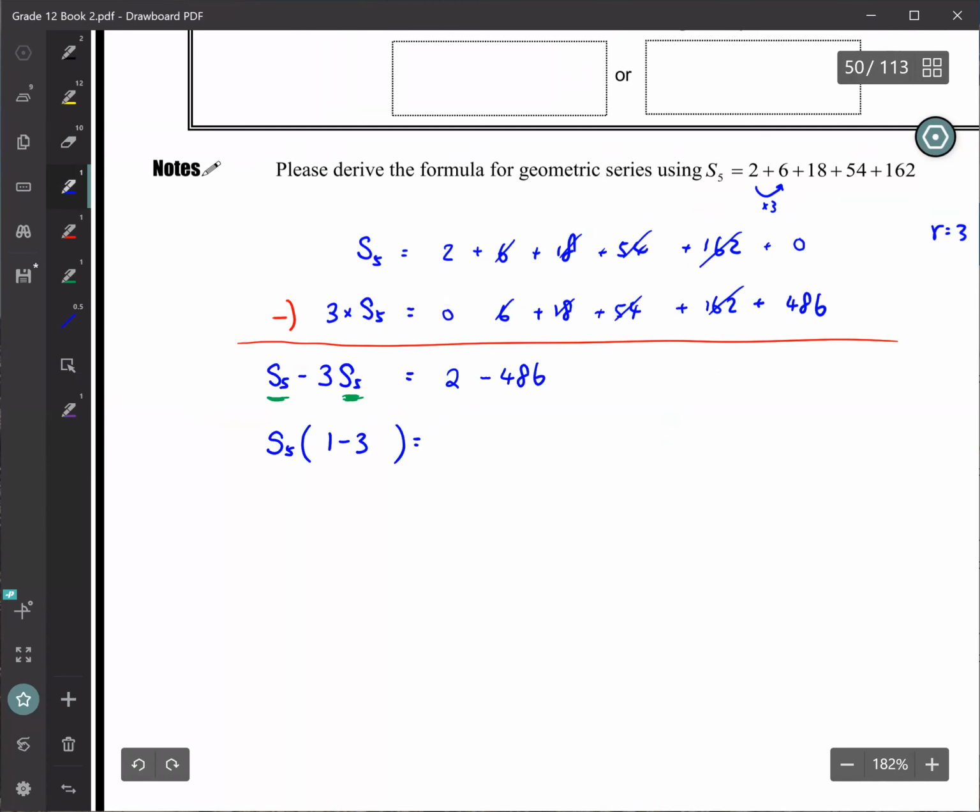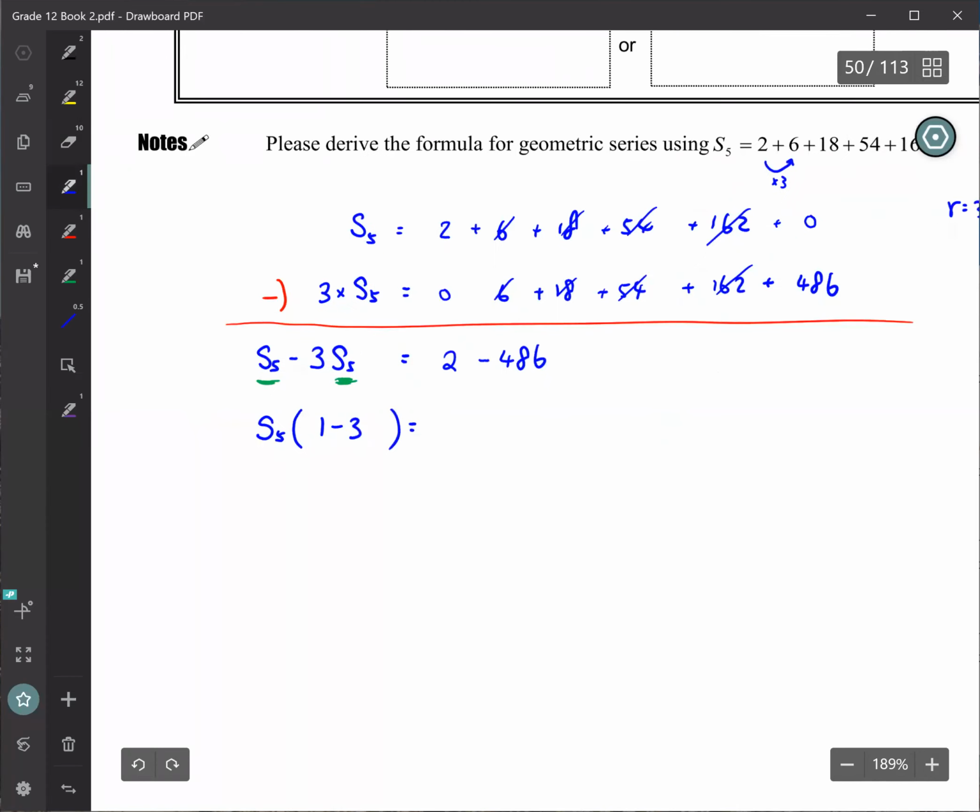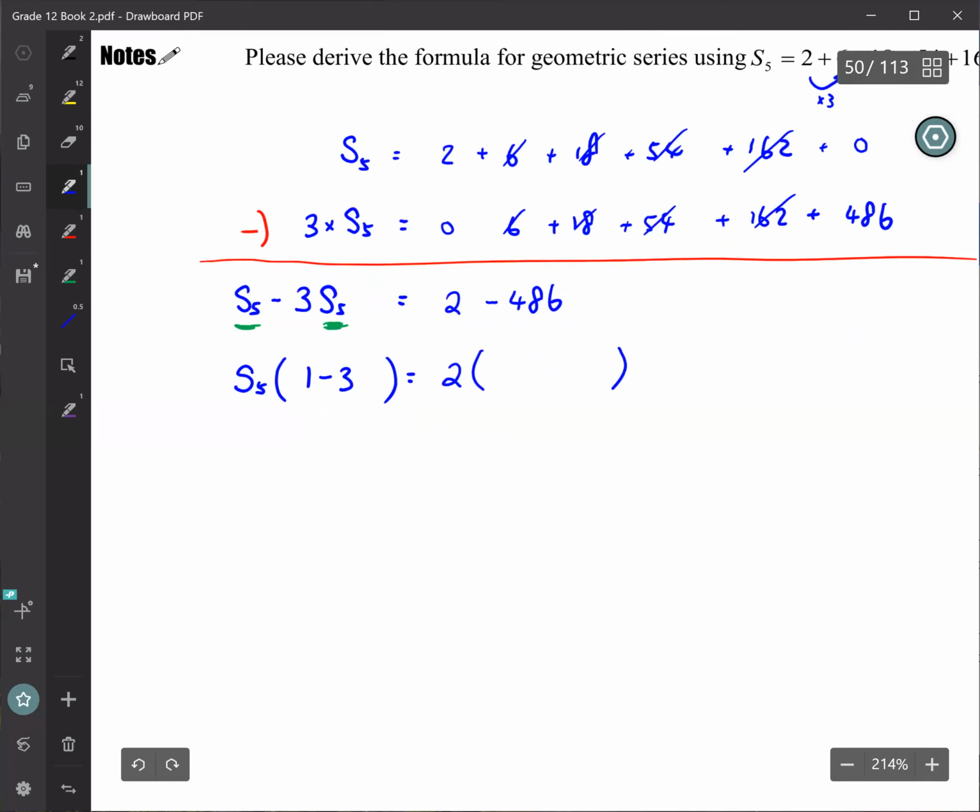And then on the right side, what I want to do is to factor the 2, okay? So 2. If I take the 2 out, that means each of the terms has to divide by 2, right? So what's left inside then, in the bracket on the right side? Tiana? One minus 243.